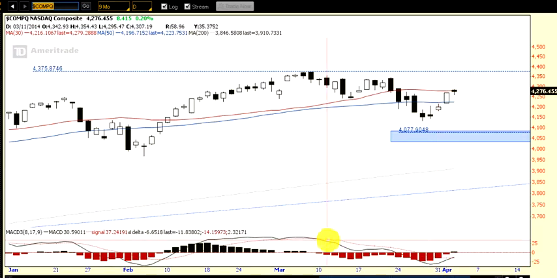Now, all indicators are lagging indicators, so you can't use what's happening here as a leading indicator. Price is the most accurate leading indicator, but you should look at this because it tells us what's happening underneath the surface.